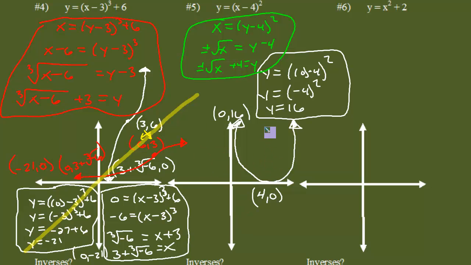So if the original parent graph, which is a parabola, vertex at the origin, opening up, that's reflected over the line y equals x, then it's going to look something like this. Don't draw that yet.